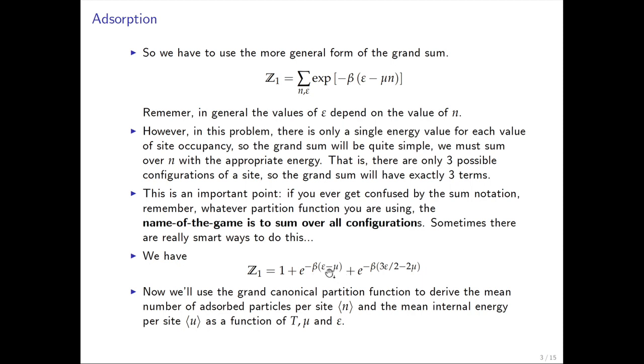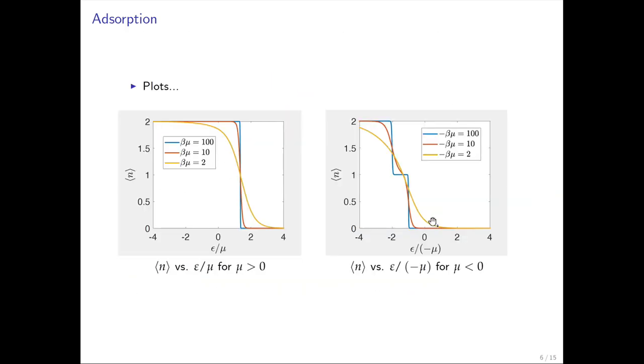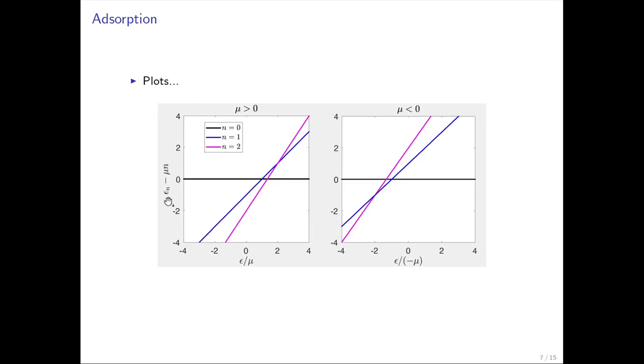And so you can look at these energies, basically the energy minus the chemical potential times n, and you can see what's going on if you plot that. That's what I've plotted here: for each configuration, the energy of that configuration minus mu times the number of particles. Of course, when n equals 0, that's just a constant, right? That's this black line, and it's at 0.